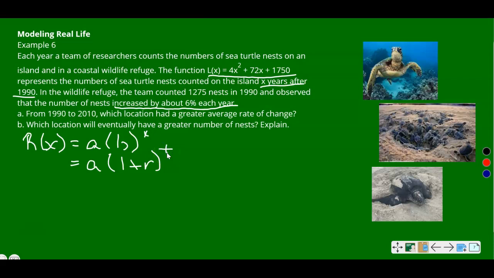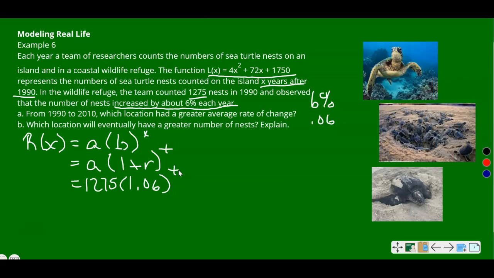So that's a little bit more specific to this problem. So if we do that, we know the starting amount is 1,275. And 1 plus our rate, so remember 6% is equal to 0.06, so it's going to be 1.06. That represents the 6%. And then raised to t.